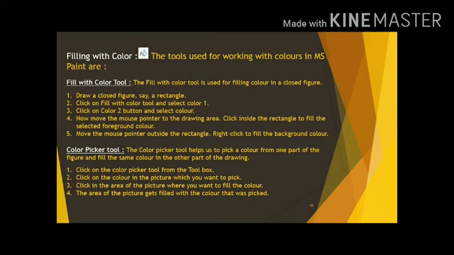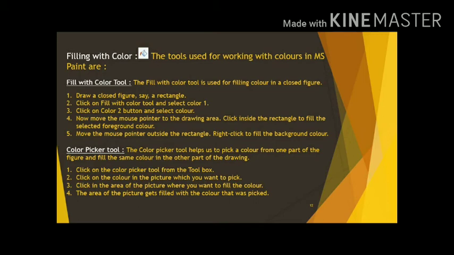Color Picker tool. The Color Picker tool helps us to pick a color from one part of the figure and fill the same color in another part of the drawing. Follow these steps to pick color. First, click on the Color Picker tool from the tool box.